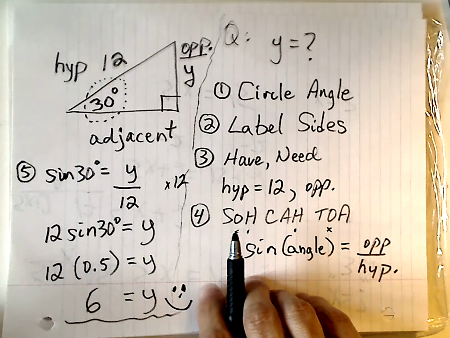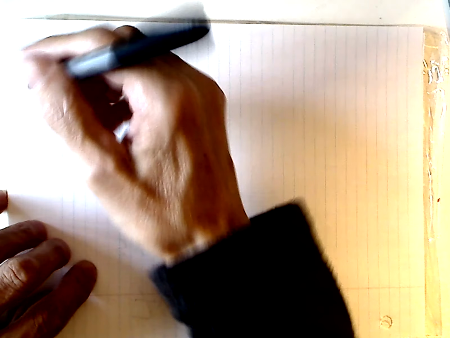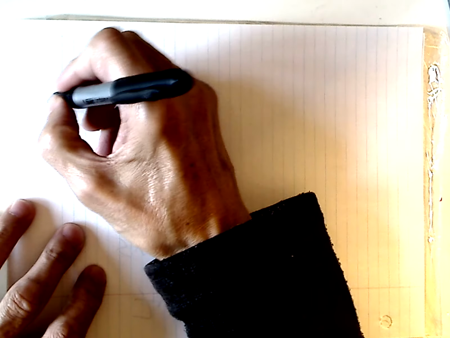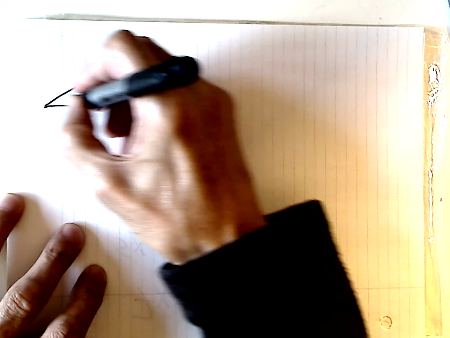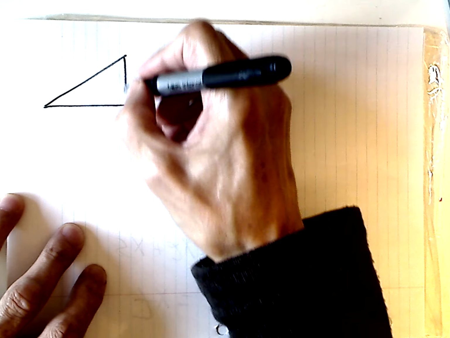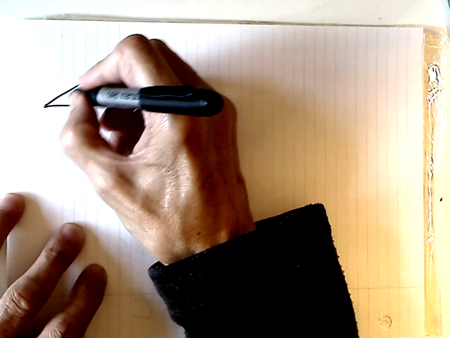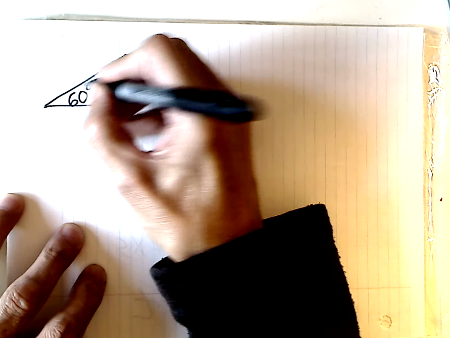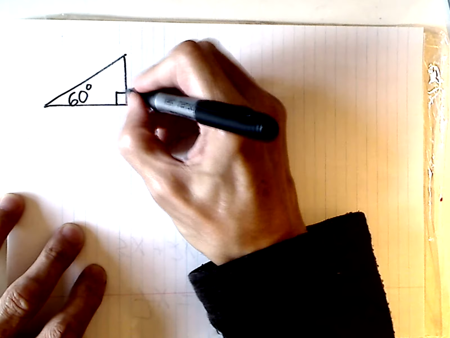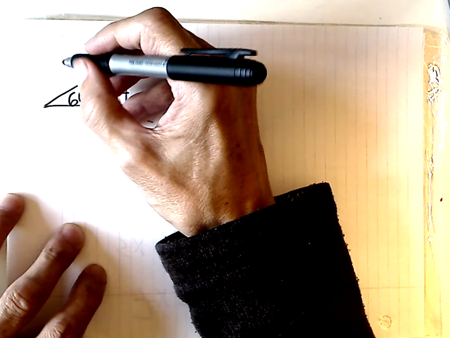Okay, here's another example. Got something like this. Finding sides. Say that's 60. Given is 90.